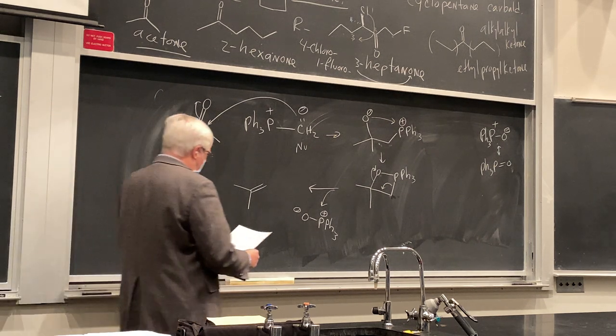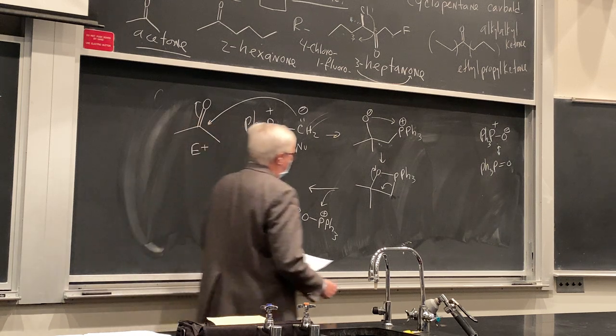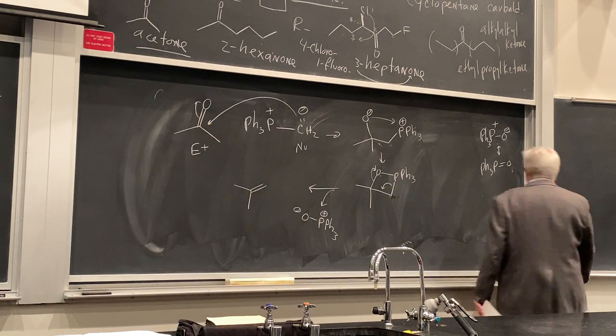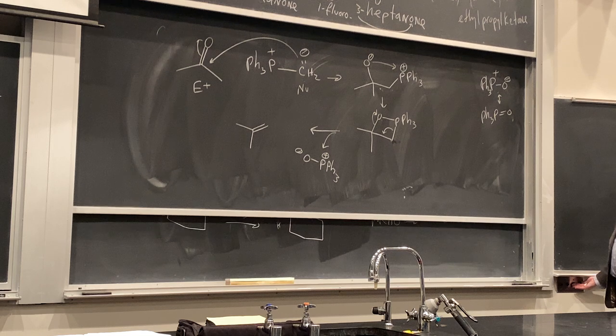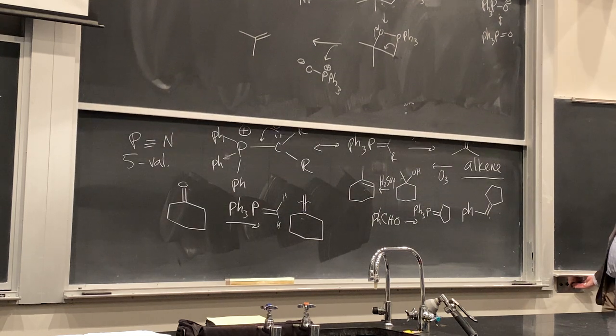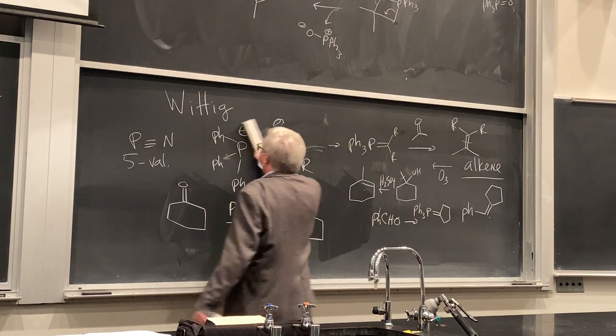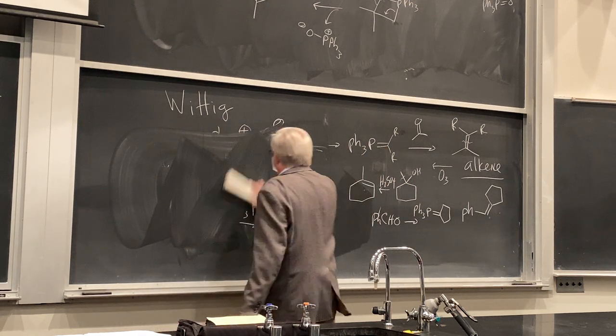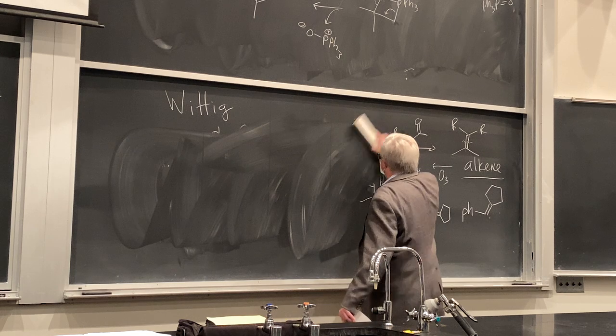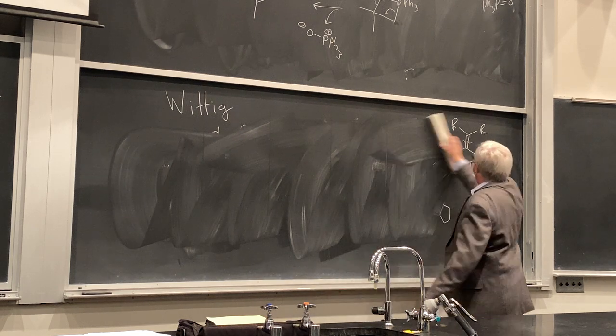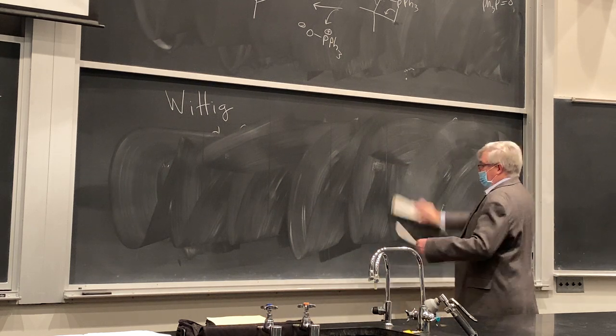Okay, how about using now the reaction in synthesis? Let's give you a couple examples of alkene products and ask you if you can use the Wittig reaction to make these alkenes. So we're switching it around now.